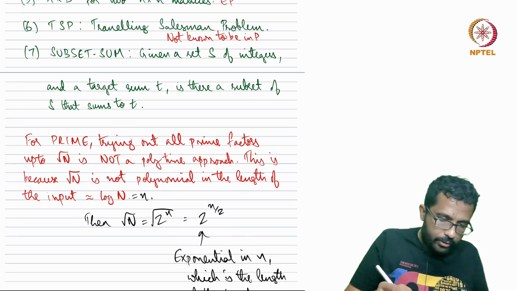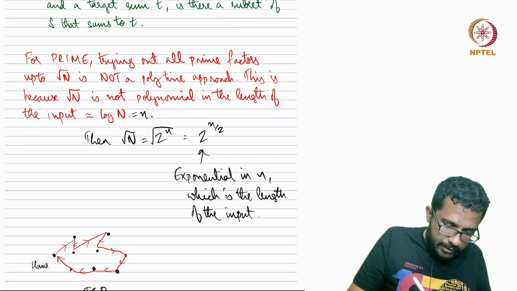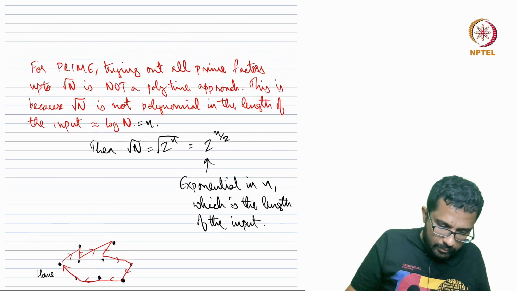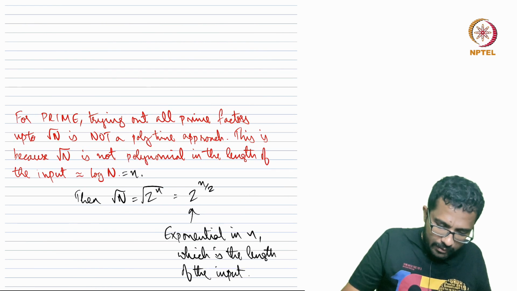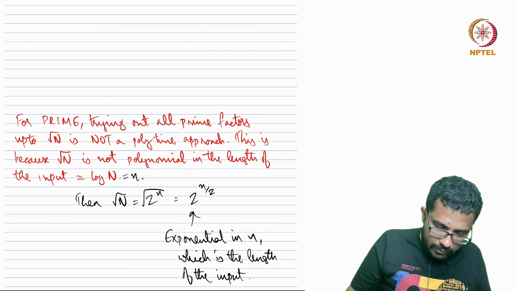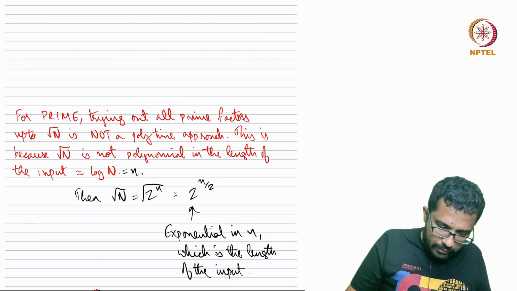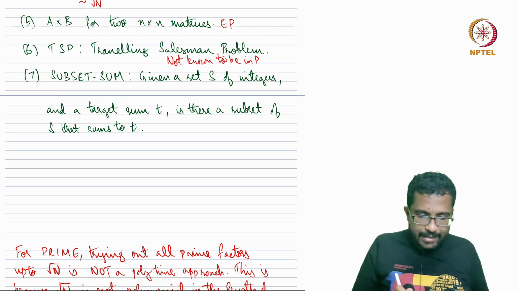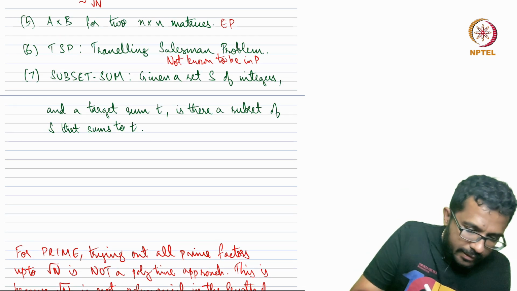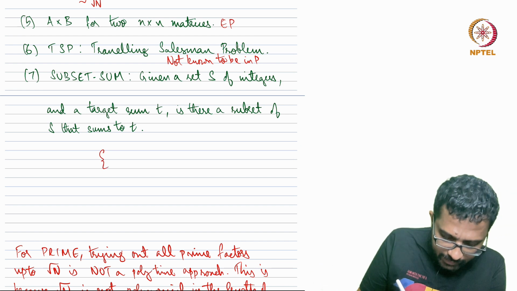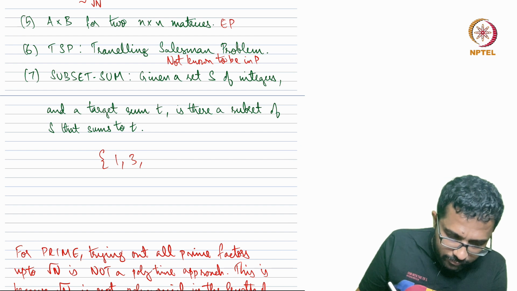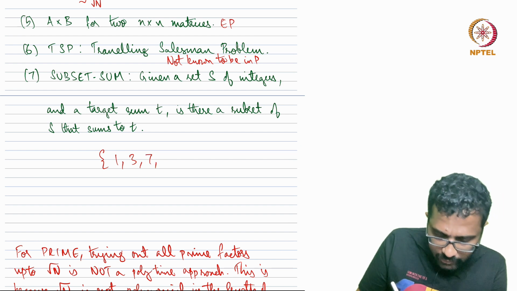And finally, one more language that I will just briefly describe. This is called subset sum. So given a set, let's say 1, 3, 7, 10, 16, right?